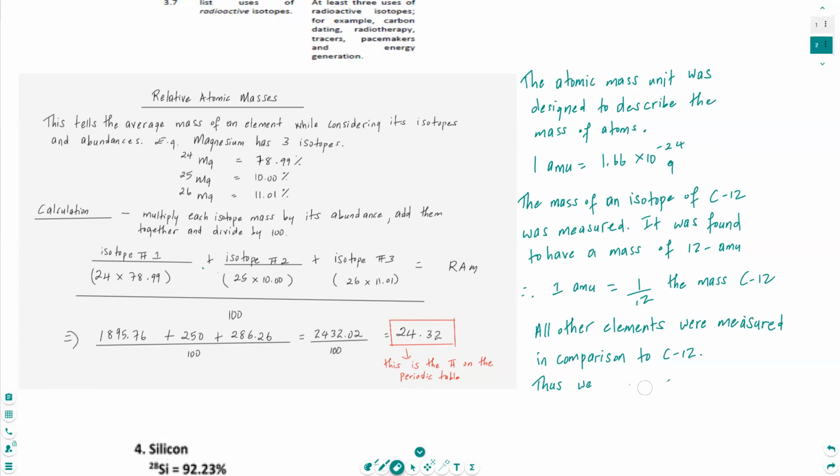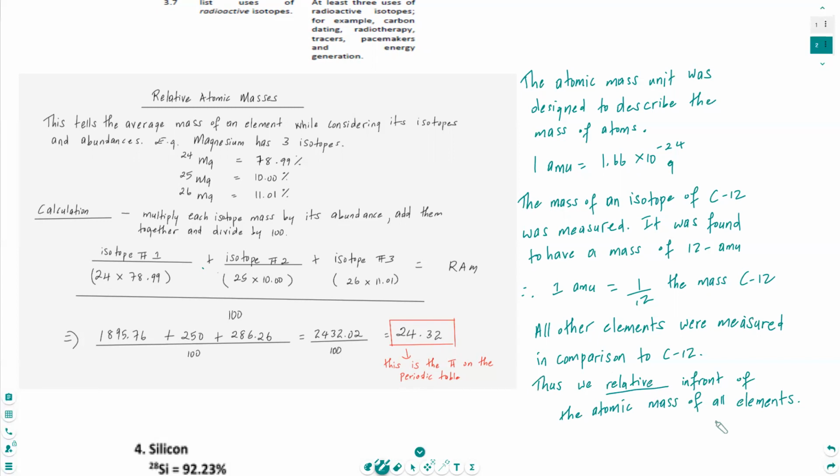All right, so we use the word relative when we are describing the mass of the atomic mass of all elements, all right? So if I say to you, what is the relative atomic mass of magnesium, then I am asking you, what is the mass of magnesium in this unit, atomic mass unit, in comparison to carbon-12. All right.